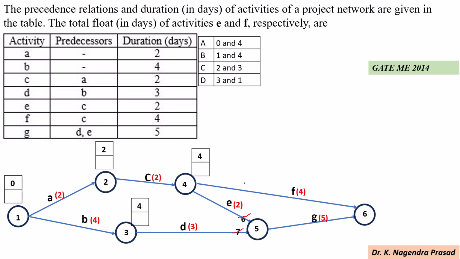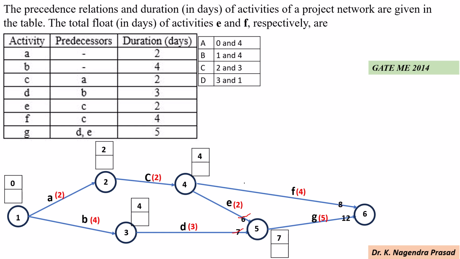So here observe event 5 is the merge event for activities D and E. Among the times 7 and 6, we have to consider the maximum, that is 7. So earliest time at event 5 is 7.